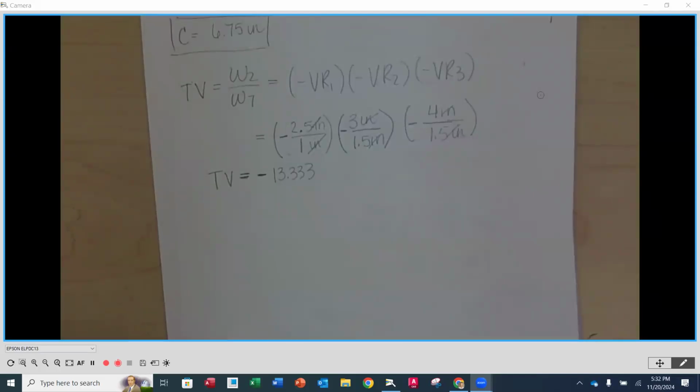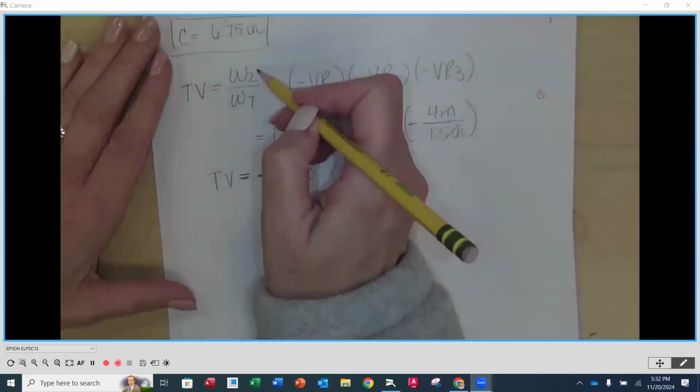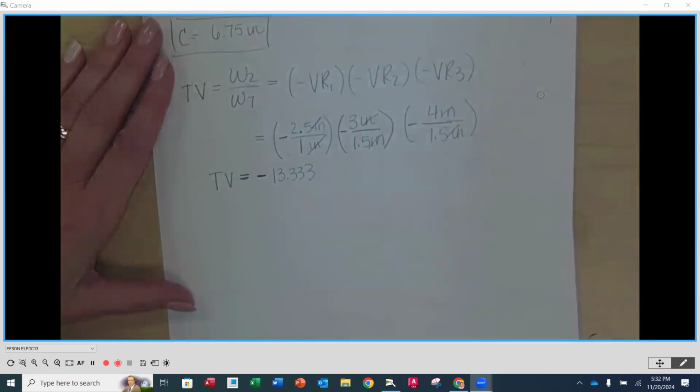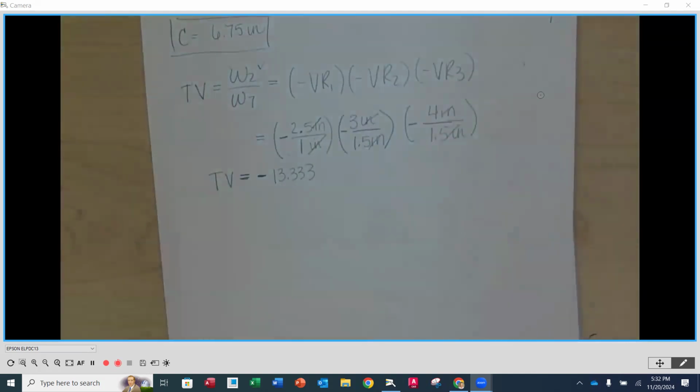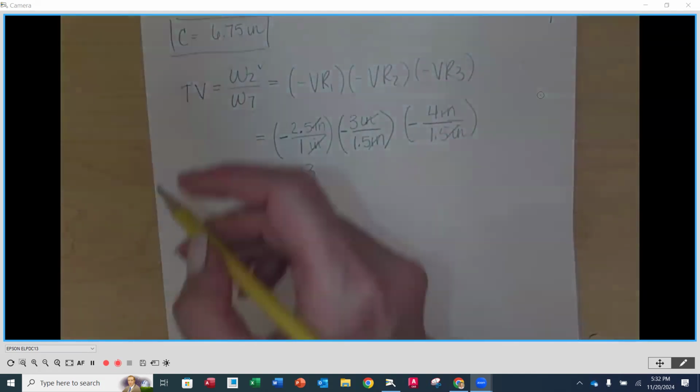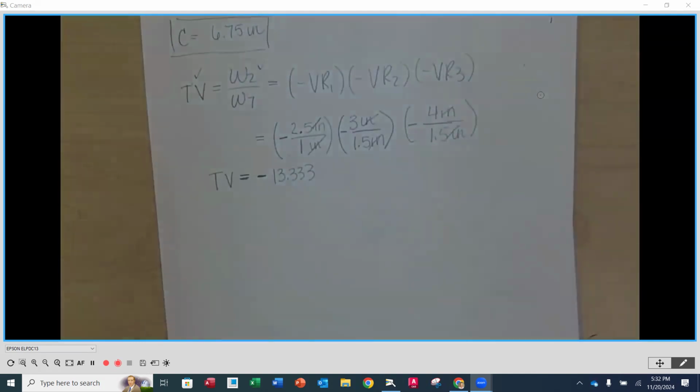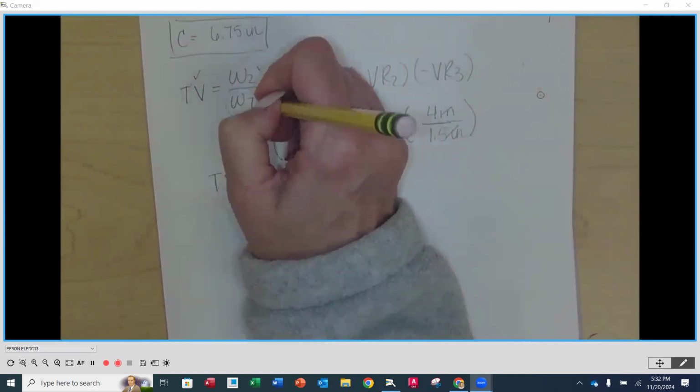Awesome. All right, now we know that that number we can set equal to W2 over W7. So we know what W2 is. We know that it is 1800 RPMs. We know our train value is negative 13 1/3. Our unknown is W7.